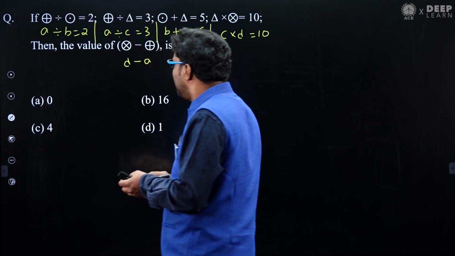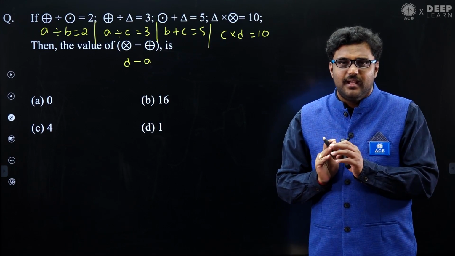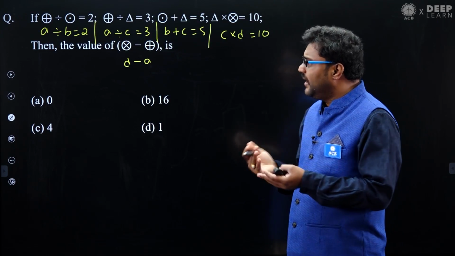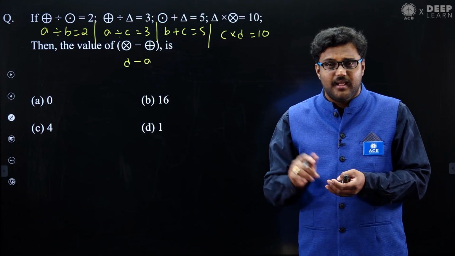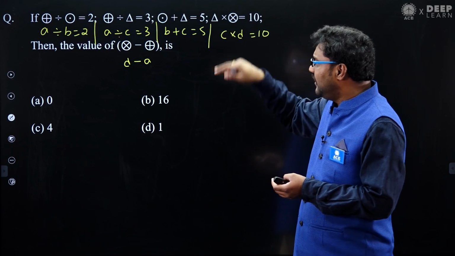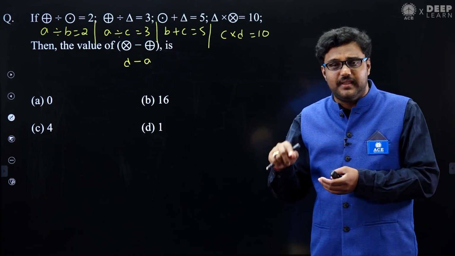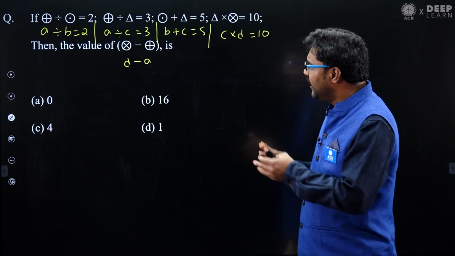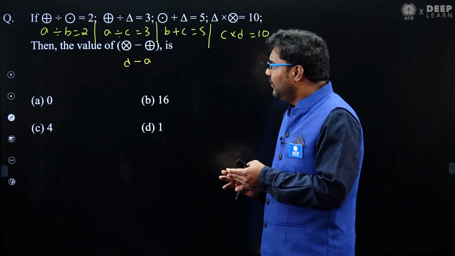You can use the symbols directly. If you have confusion, convert into A, B, C, D. There are 4 different symbols: plus in a circle, multiplication symbol in a circle, triangle, and circle with a dot.